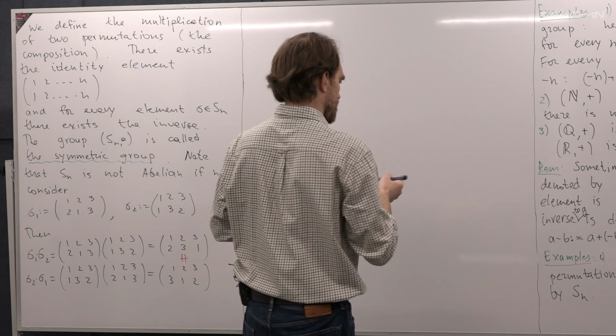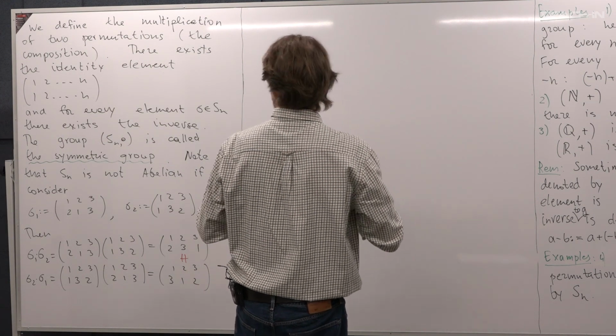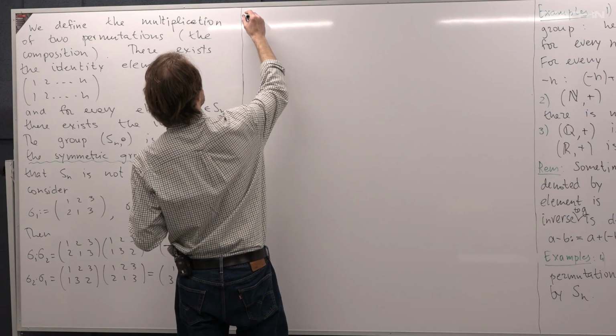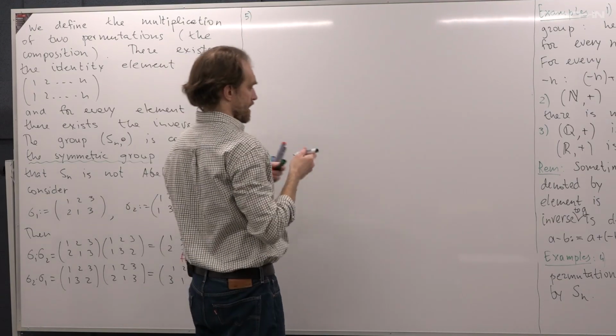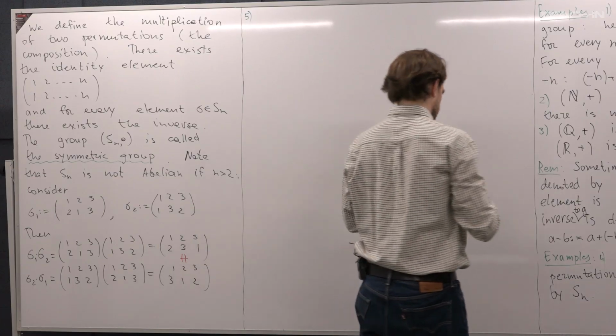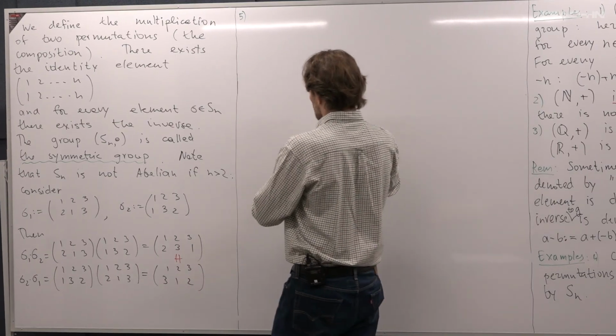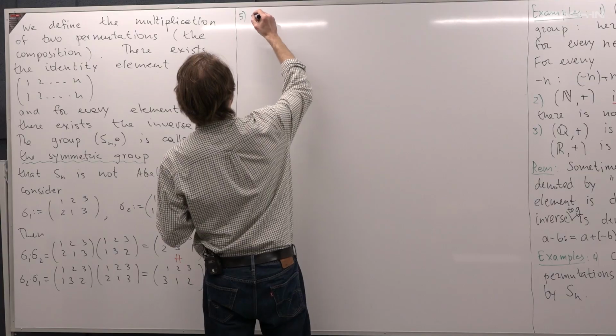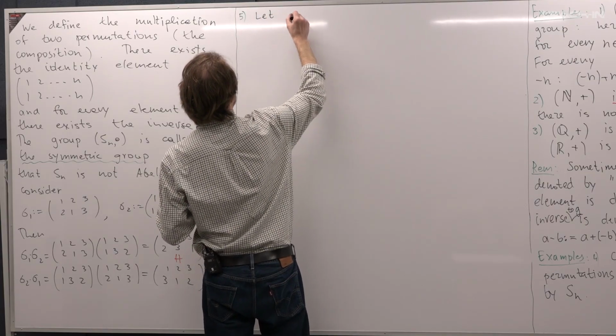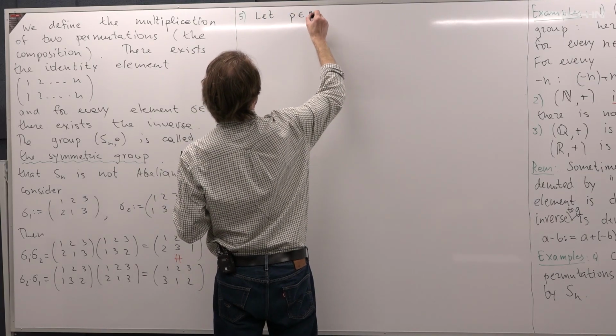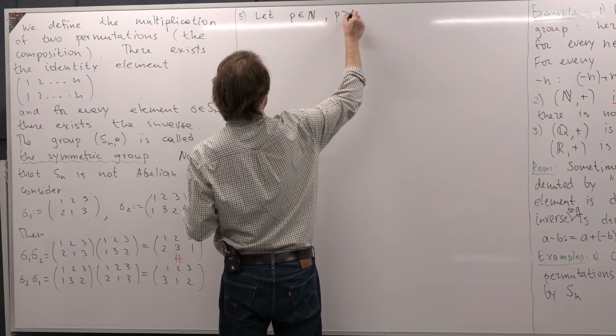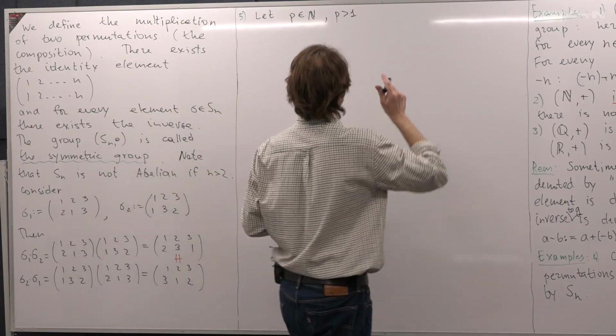Then two more examples. So example 5. Classes of residues. So let p be some natural number, and let p be greater than 1.